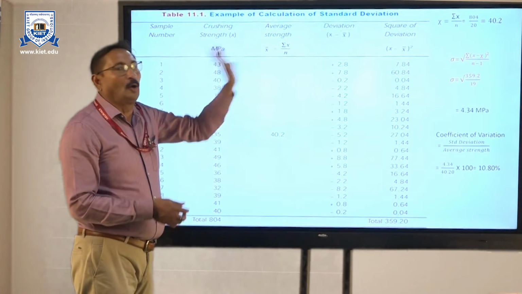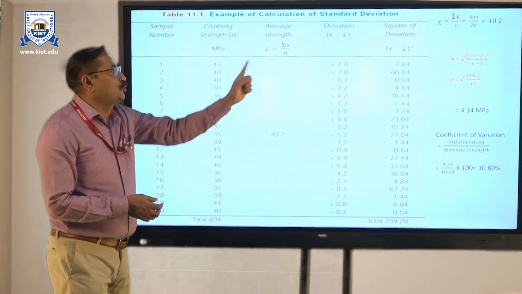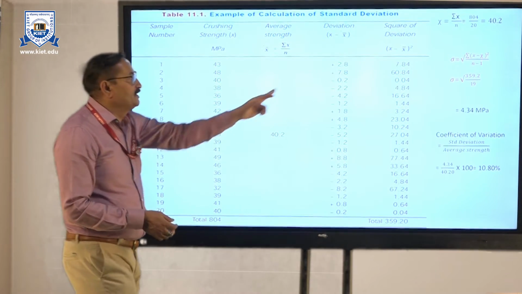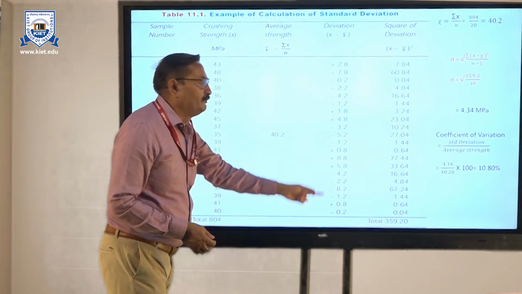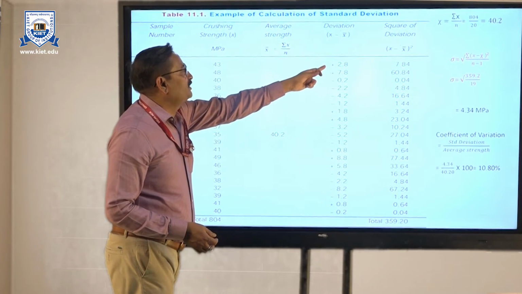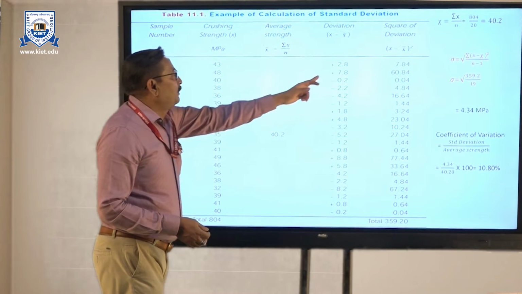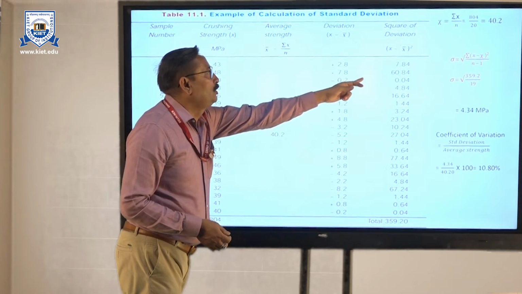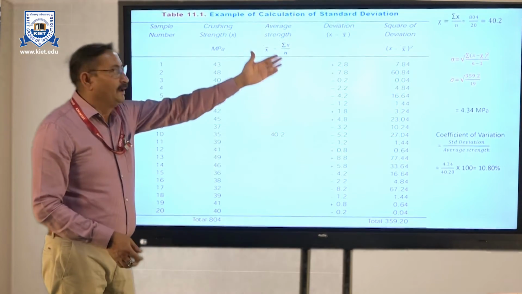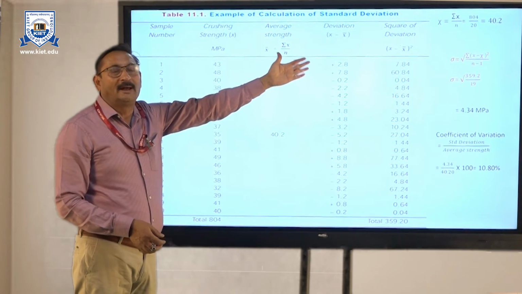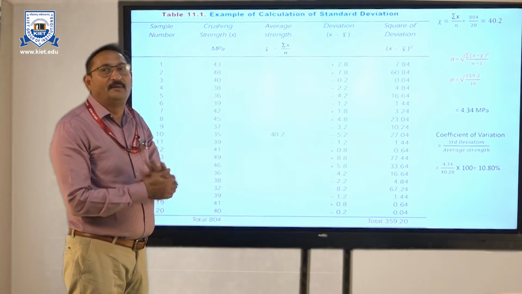Now in the last column, I am finding the square of the deviation, that is the square of this column's value. For example, plus 2.8 whole square is equal to 7.84. Plus 7.8 whole square is equal to 60.84. Now, in this last column, I have calculated the square of the deviation.